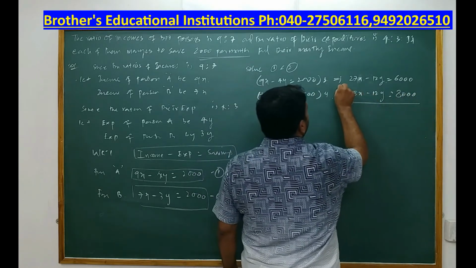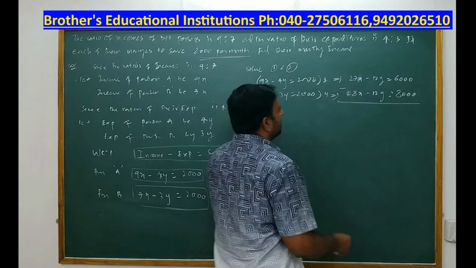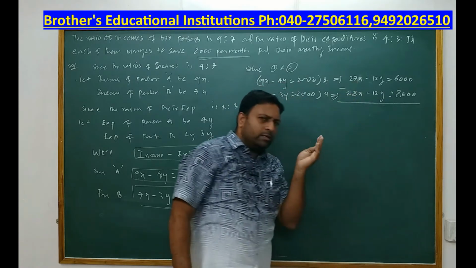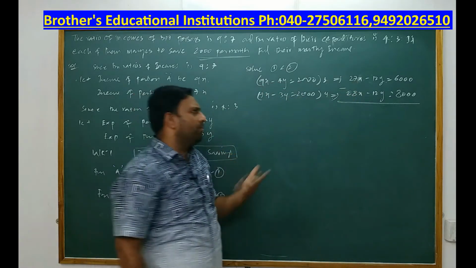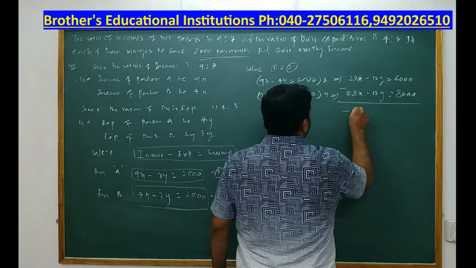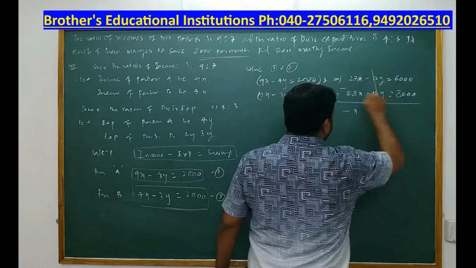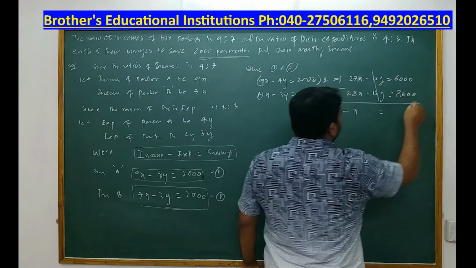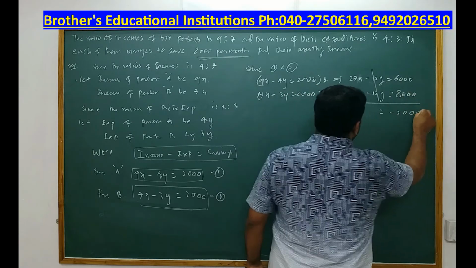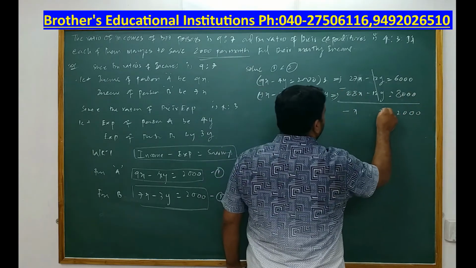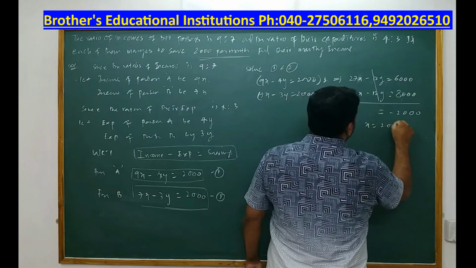Both of them have the same sign, so subtract. When you subtract 27 minus 28, lesser number minus bigger number, obviously you will get a negative sign, minus 1x. 12y cancels. 6000 minus 8000 will be minus 2000. Cancelling the minus sign on both sides, you get x is equal to 2000.